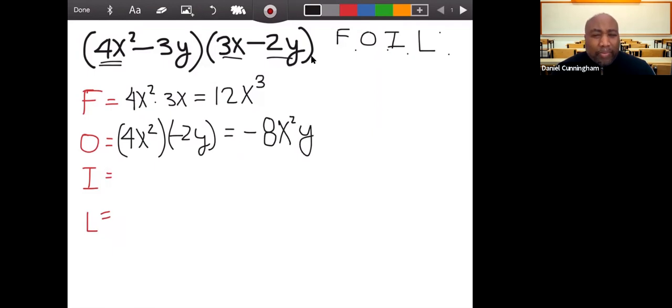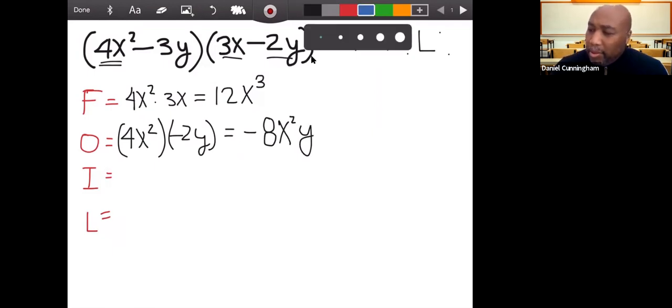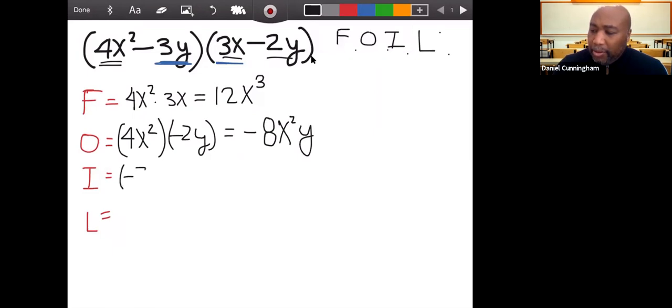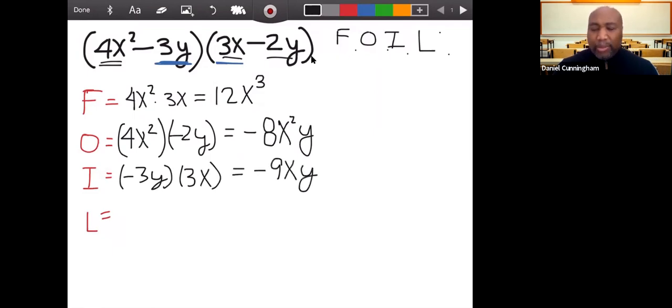The inner, which I'm going to do in blue right here, and don't forget your signs, is a -3y times 3x, which gives me a -9xy. I like to put x in before y. The bases are different.